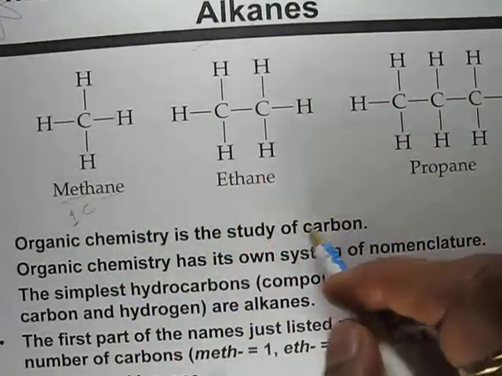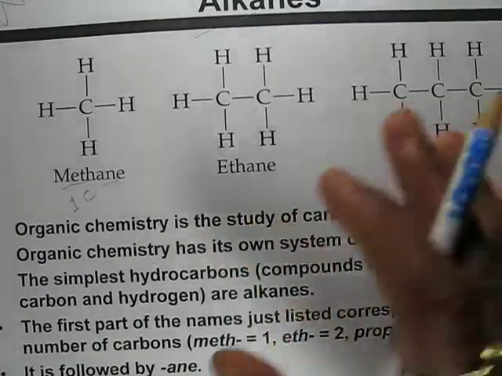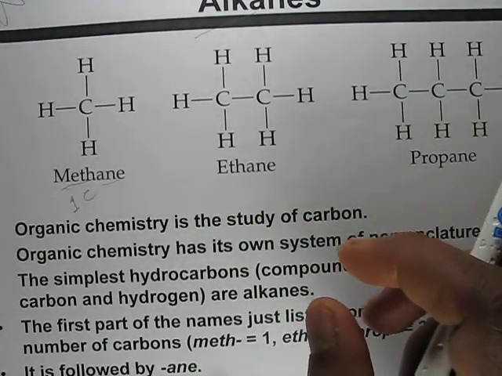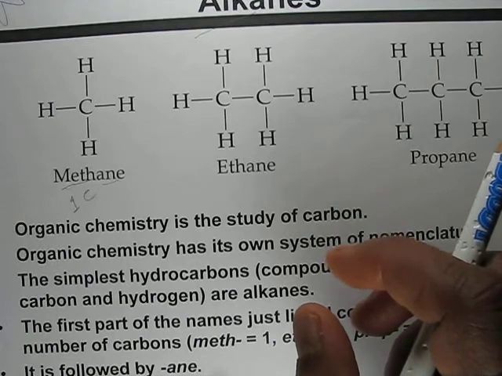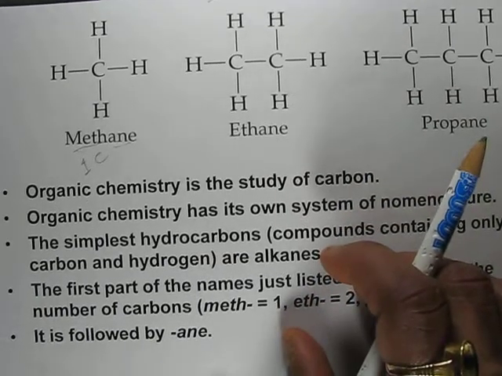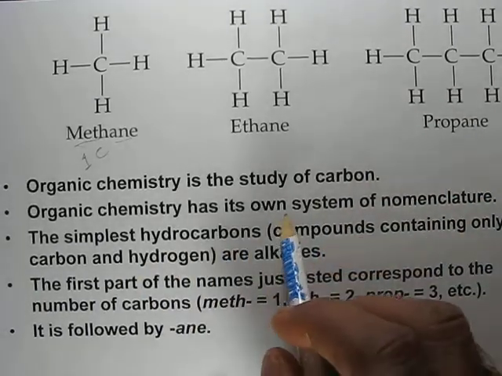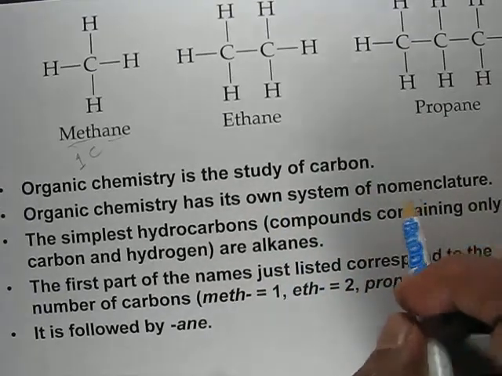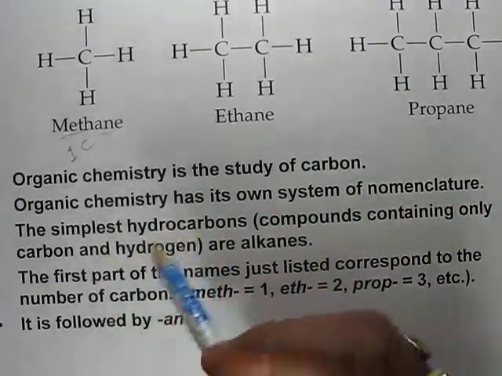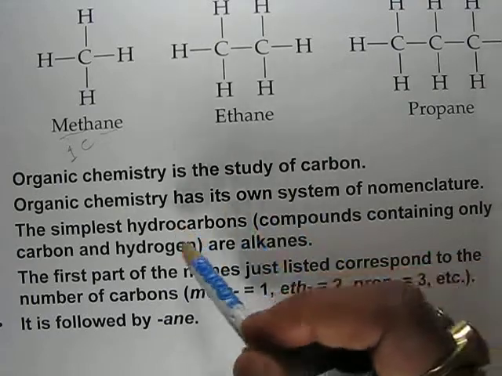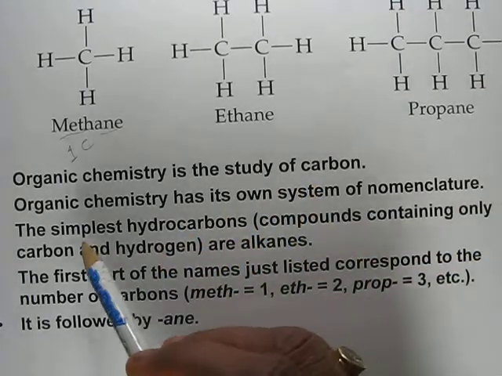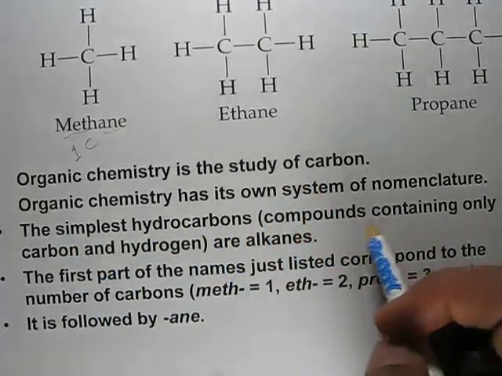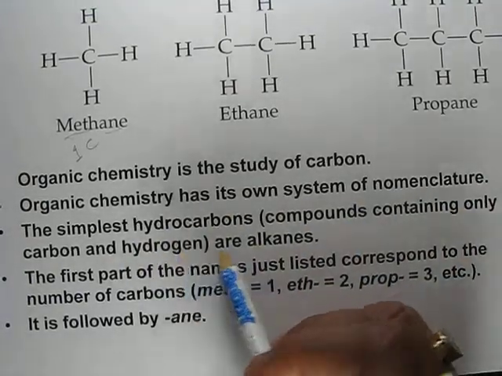Organic chemistry is the study of carbon, mainly all kinds of carbon compounds. Organic chemistry has its own nomenclature, called IUPAC name, which we are not going into in detail here. The simplest hydrocarbon compounds containing only carbon and hydrogen are called alkanes.